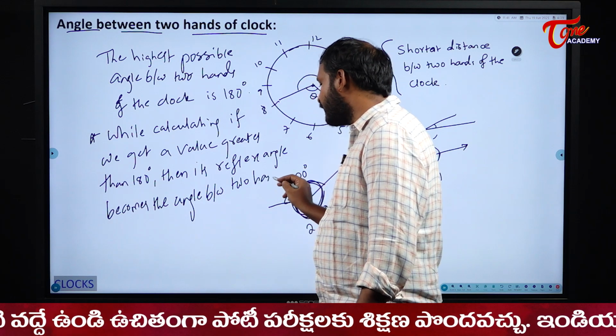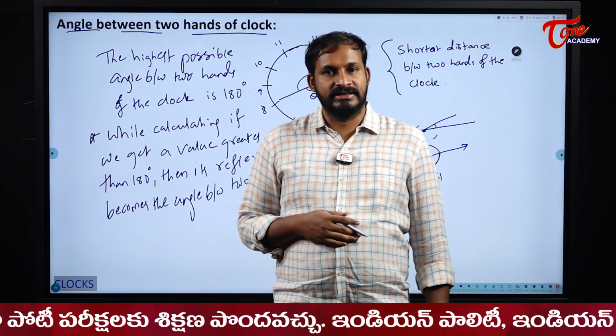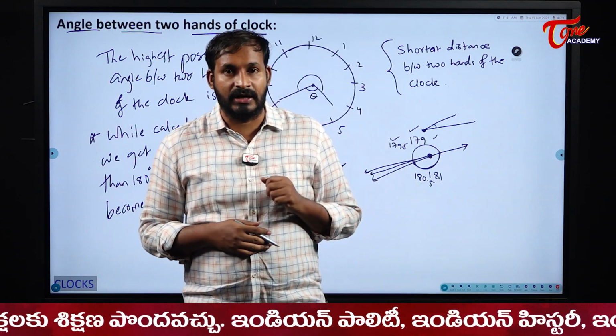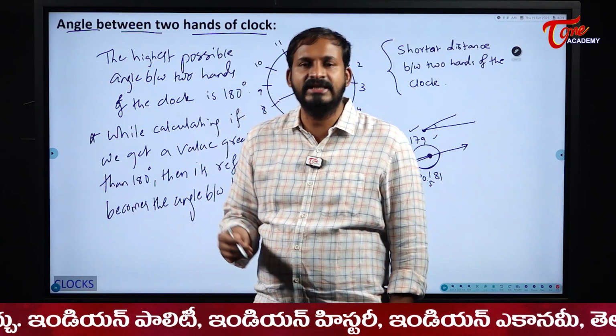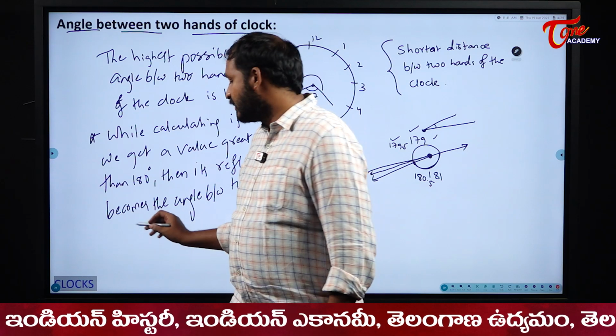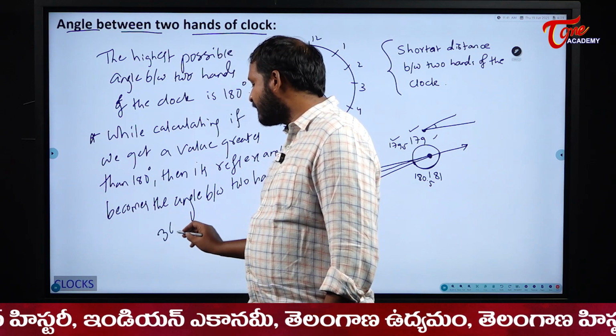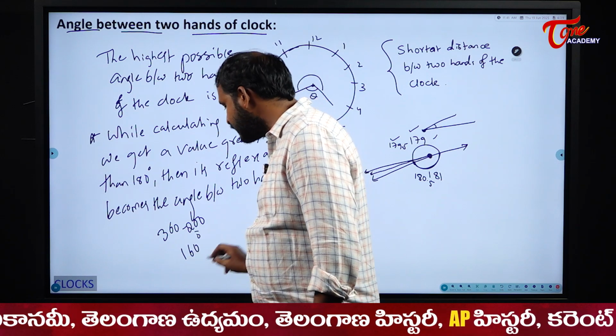That means, for example, while calculating you got a value which is equal to 200 degrees. Then what will be your answer? Don't write 200. What you should do? You should find its reflex angle. Generally, how you will find reflex angle? Simply subtract it from the complete angle. Complete angle means 360 degrees. So, you will write it as 360 minus 200 and your answer there will become 160 degrees.